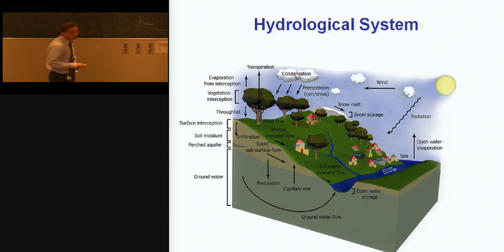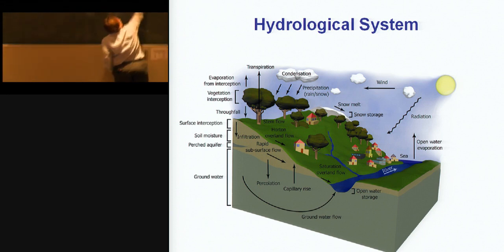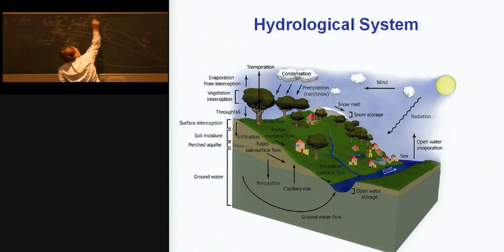So we have a couple of evaporation fluxes. The evaporation from the soil surface, evaporation from the interception storage, evaporation through transpiration, and evaporation from the river, which is also a kind of surface evaporation. Yeah? We have different types of runoff components. I make them blue.